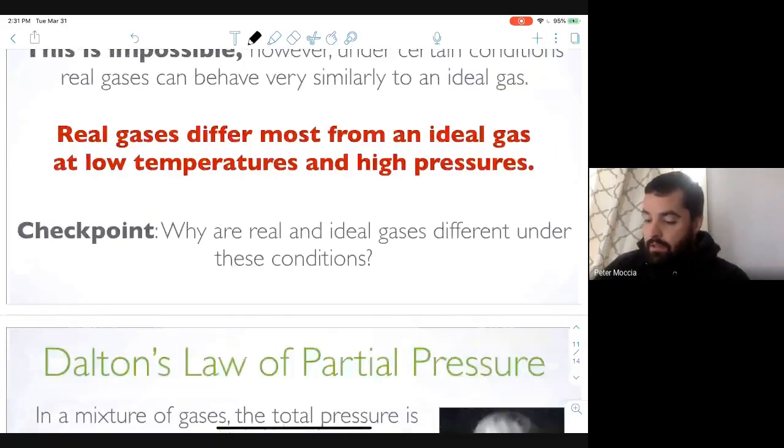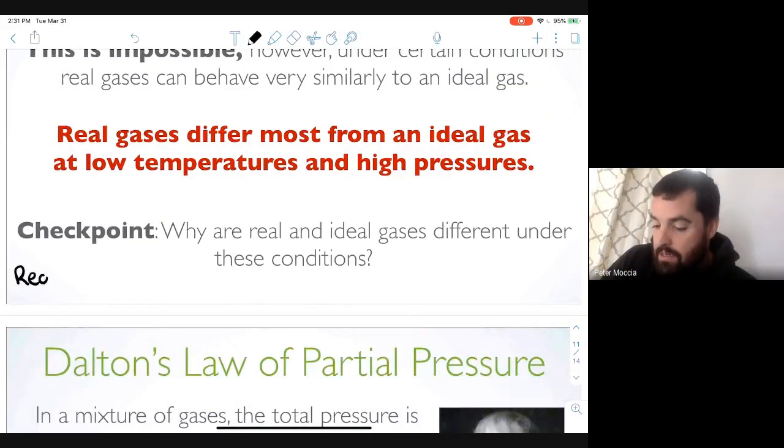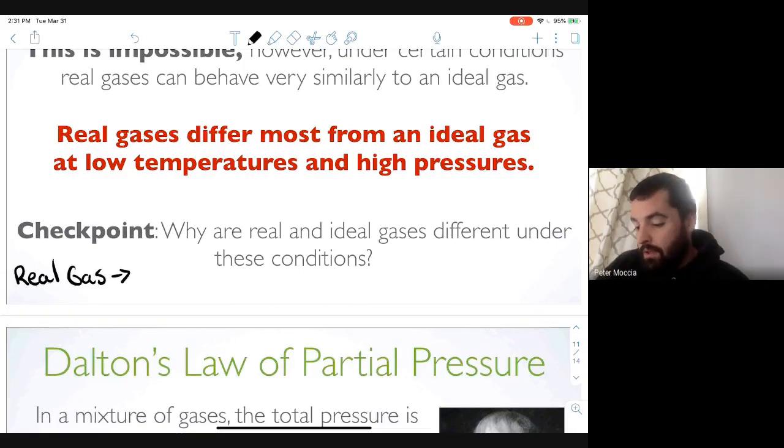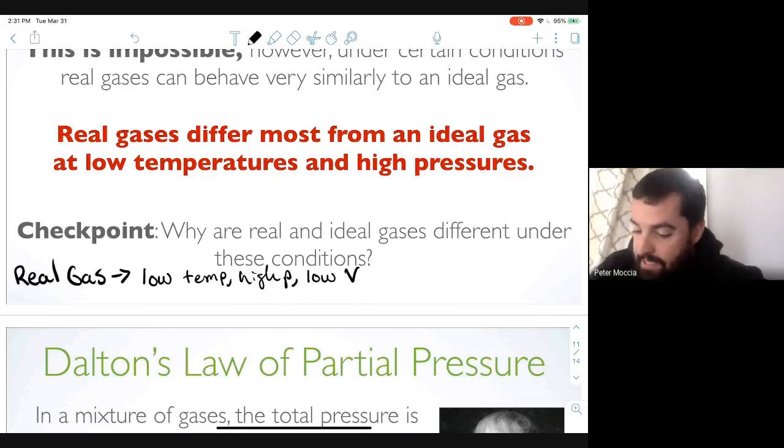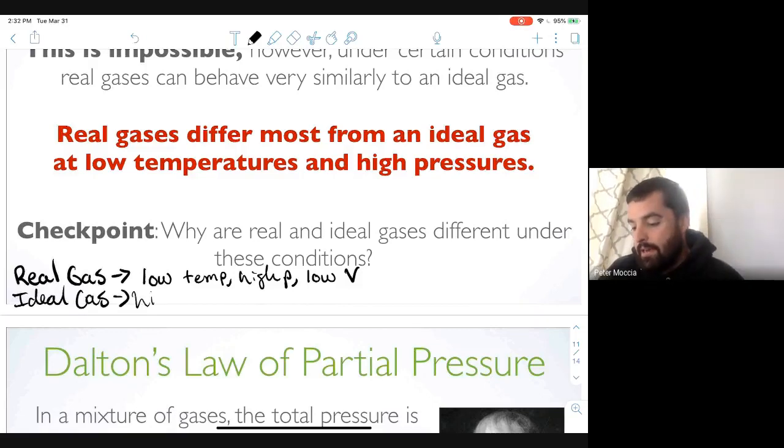Okay, they act as a real gas at low temp, high pressure, low volume. They act as ideal gases at the opposite of this: high temps, low pressure, high volume.